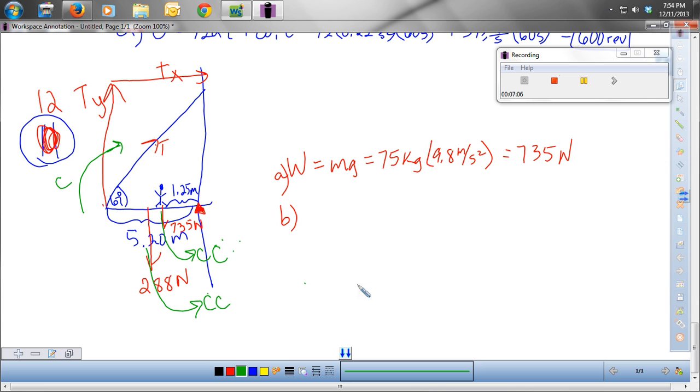Alright, now because I have equilibrium right now, when it's all tied up, I know that my clockwise torque has to be balanced by my counterclockwise torque. So my clockwise torque is going to be Ty, and Ty is going to act from the end of the rod all the way over to here, so that's 5.2 meters. And then I have his weight, 735 newtons, and the torque arm for his weight is 1.25 meters.